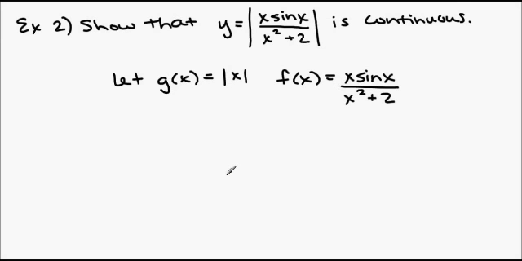Okay, so I know then that this is a continuous function, we already established that. And this is a polynomial function. So this will be continuous at all points where this does not equal 0.